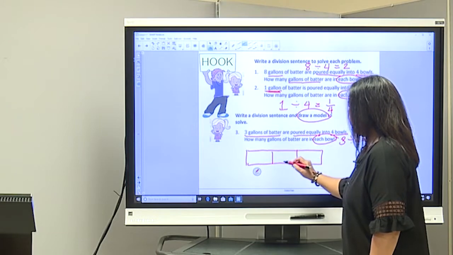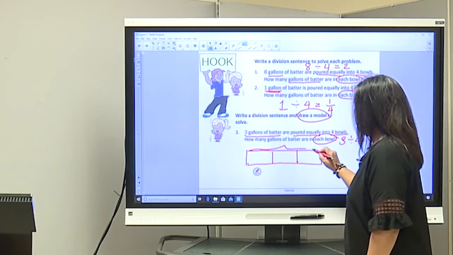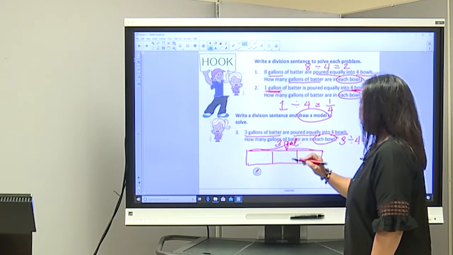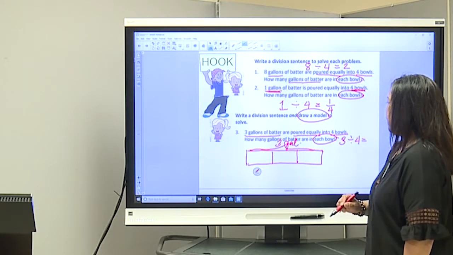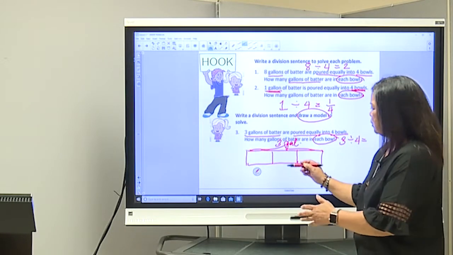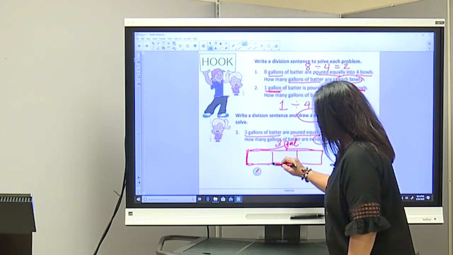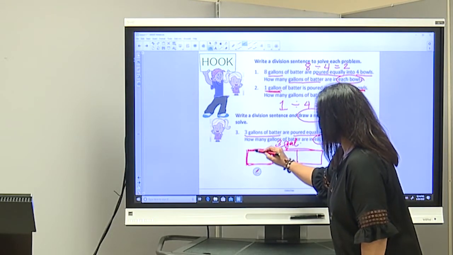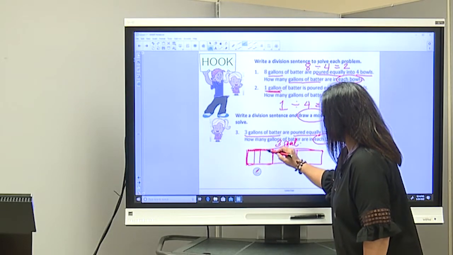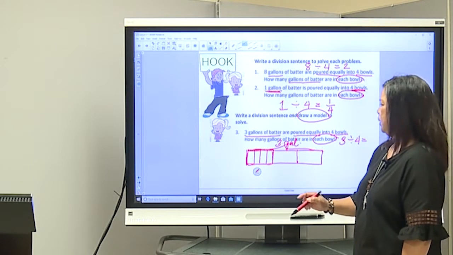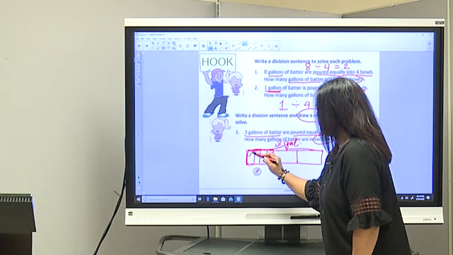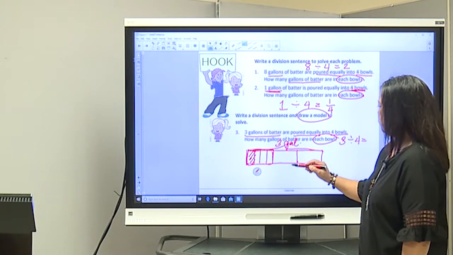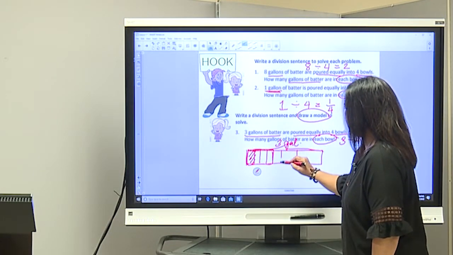1, 2, 3. These 3 parts represent the 3 gallons of batter. Now it is poured equally into 4 bowls. So focus on this one part right here. This is 1 gallon. And there are 4 parts here: 1, 2, 3, 4. So in each gallon, there is 1/4 right there.